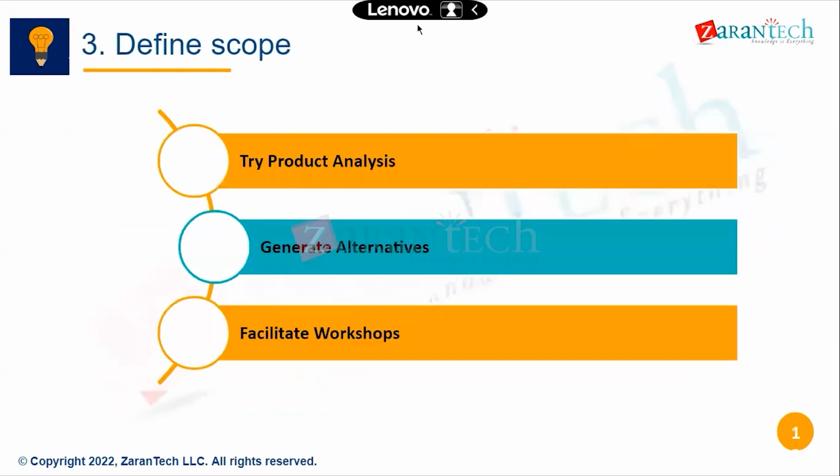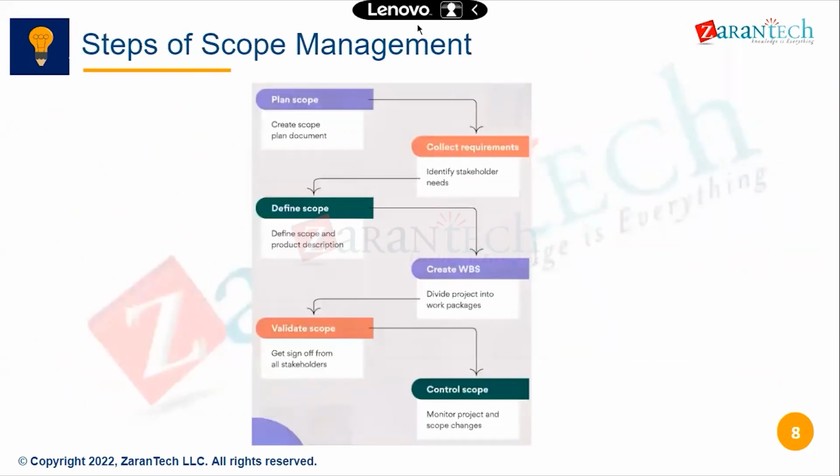Any other questions? This is a summary. Plan the scope, then collect the requirements, and for collecting requirements you can use any of the elicitation techniques. Defining the scope means preparing a high-level scope document and creating the work breakdown structure, splitting the project scope into the smallest units of work of 8 or 16 hours duration. Then you validate the scope, whether the product you have developed is as per the scope or not.